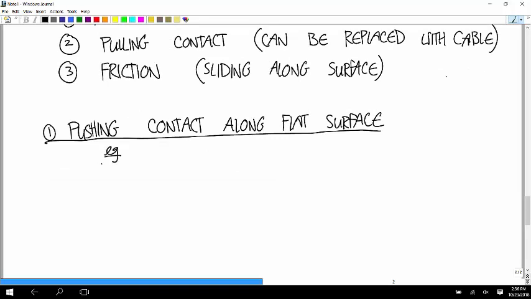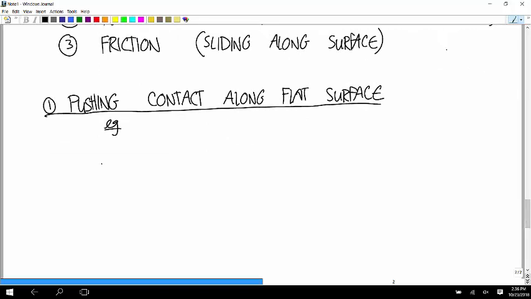And as an example, let's think about this case. This is going to be the first problem I'm going to do involving pushing. So let's say that we have one cart over here with a mass of 10 kilograms, and it's in contact with the ground. And then it's also pushing against another cart.